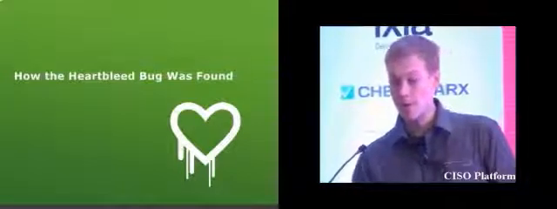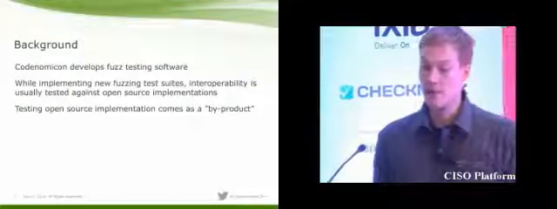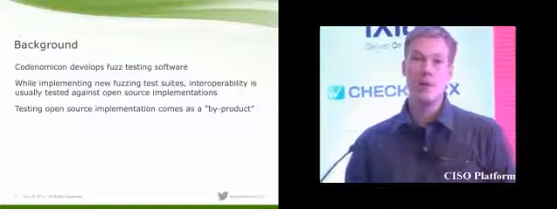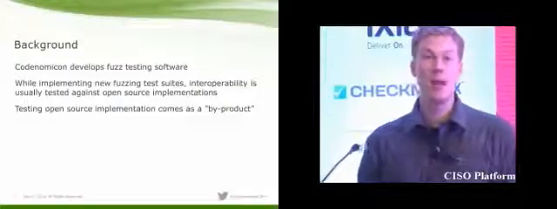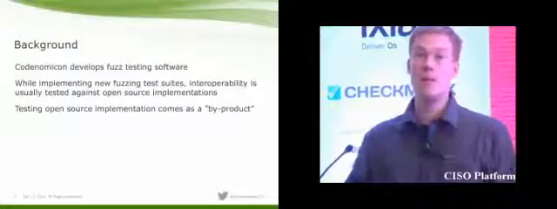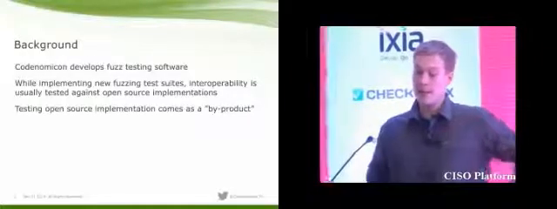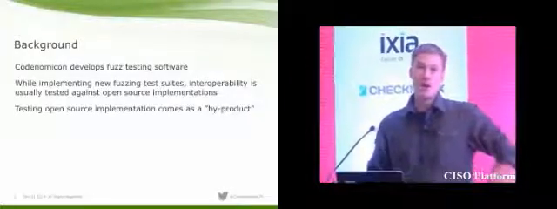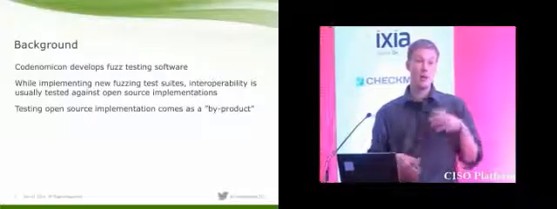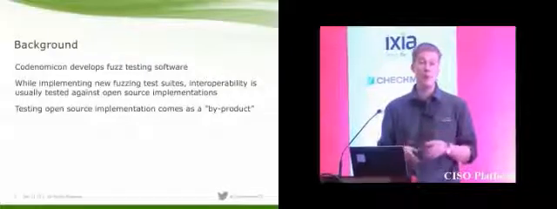So, how the Heartbleed bug was found. A little bit of background. Codenomicon develops fuzz testing software, and usually when we are developing new test suites for new network protocols or file formats, we test our test suites against open source implementations so that we can be assured that it interoperates with actual implementations of the protocols.